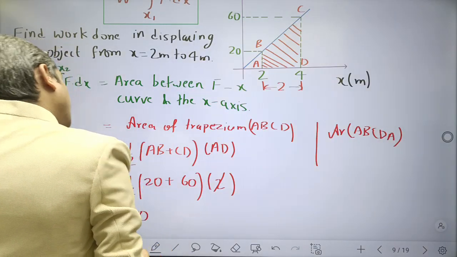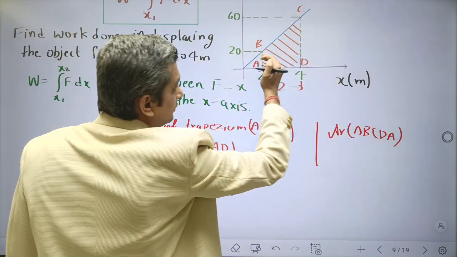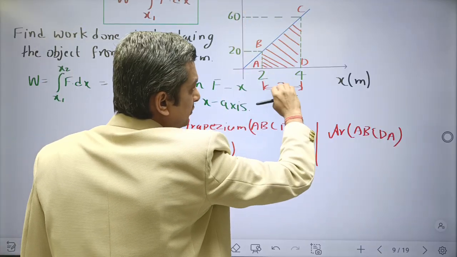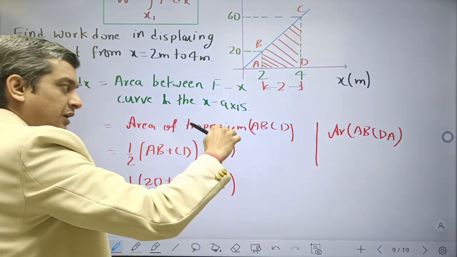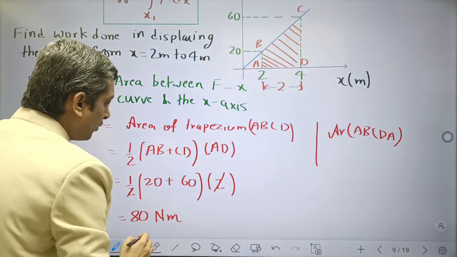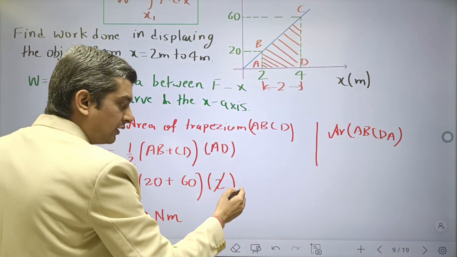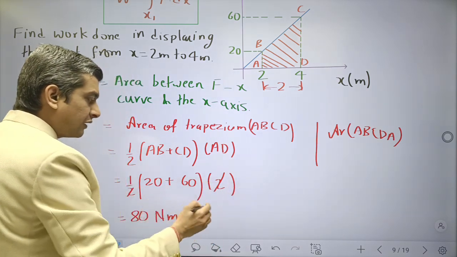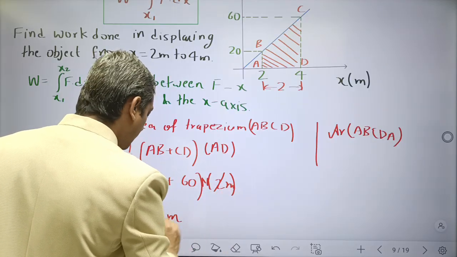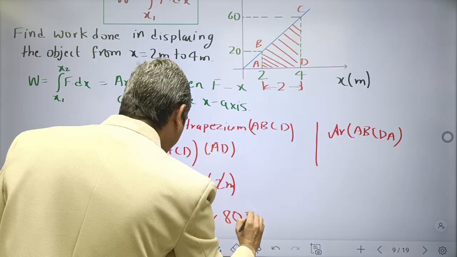Since we are finding work and multiplying two dimensions, one dimension belongs to the y-axis, that is the force axis, and the second belongs to the displacement axis, that is the x-axis. So its unit will be Newton meter, because this is 20 Newton plus 60 Newton, and this is in meter, isn't it? So 2 gets cancelled, and we are left with 80 Newton meter, and this 80 Newton meter can be written as joule.